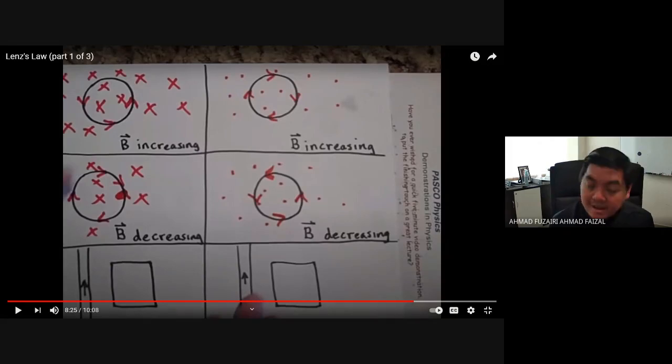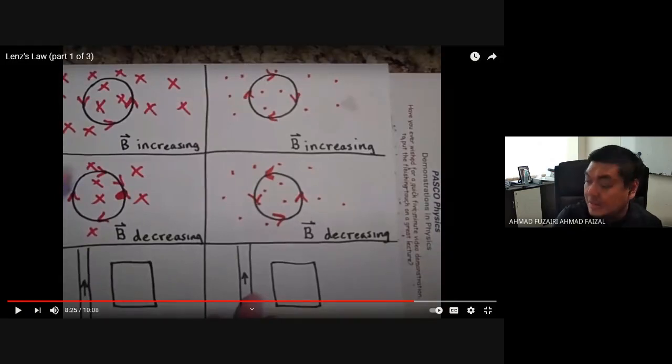Simple. Okay, you have to make the same situation again and again. Whenever you have a decrease, look at what is the type of the magnetic field. It's either going into or going out of the page. That depends on the situation. So in this case, you need to do some logical thinking: when there is a decrease in the magnetic field, you need to add up the same type of magnetic field.